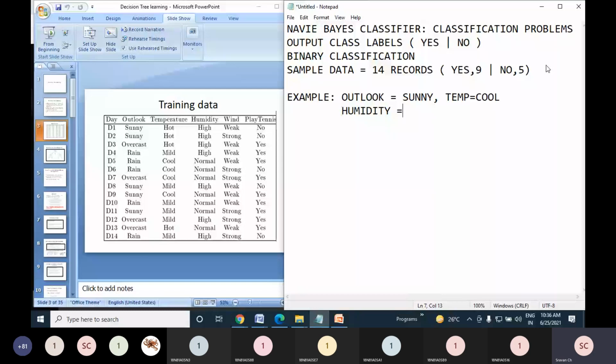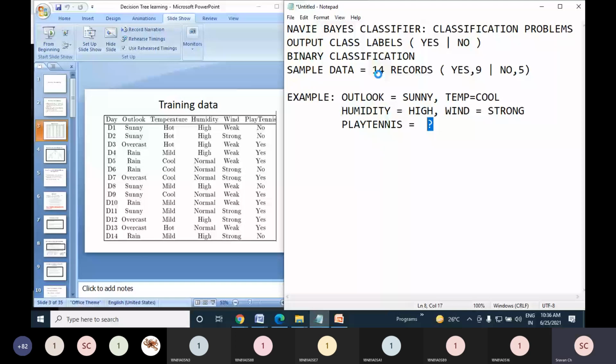For these parameters I need to predict the outcome, play tennis. So what is the answer, yes or no? That I need to predict. How the naive-Bayes classifier will help me, we will try to understand.